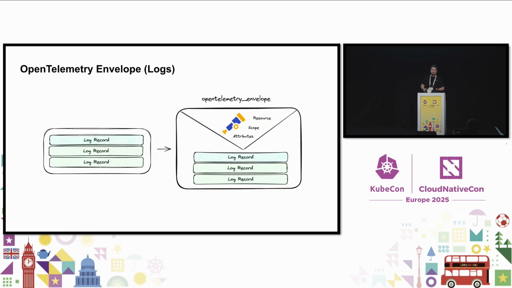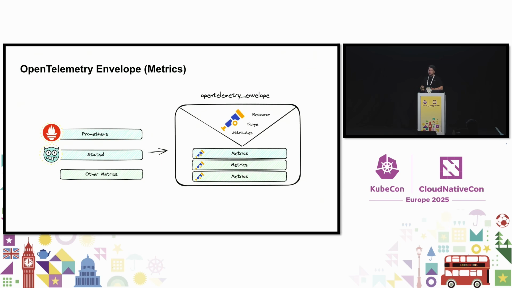And let's say our application doesn't give us logs in the OpenTelemetry schema. Fluent Bit has an OpenTelemetry envelope, so you can send your log record, and Fluent Bit converts it to OpenTelemetry format.